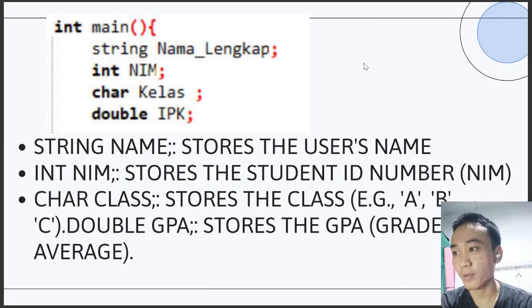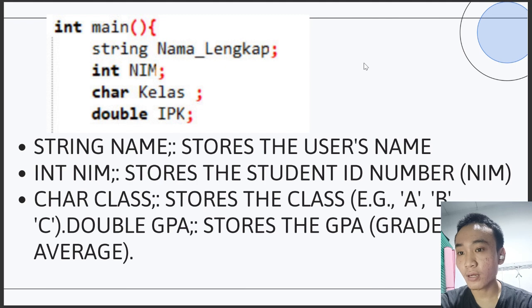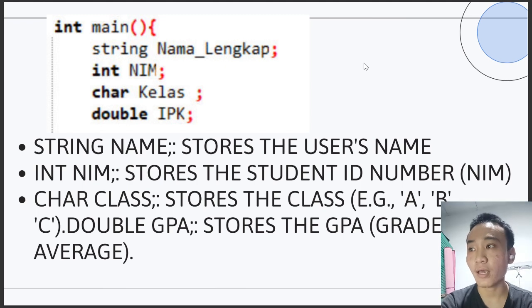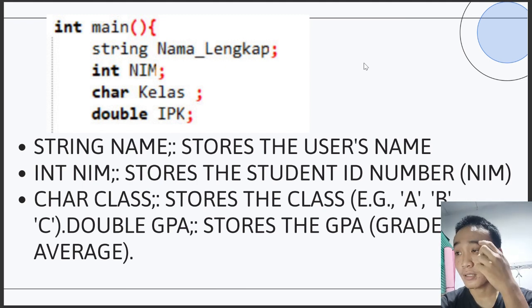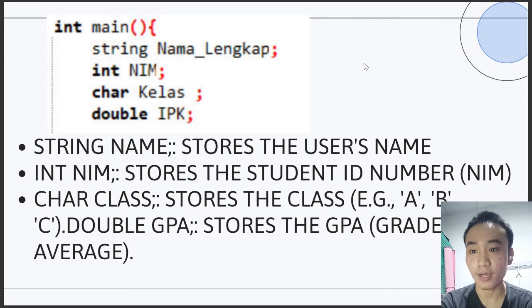Slide 5, variable declaration. Inside the function, we need to declare several variables to store data that will be entered by the user. We use various data types. In this example: string name, int NIM, char class, double GPA.